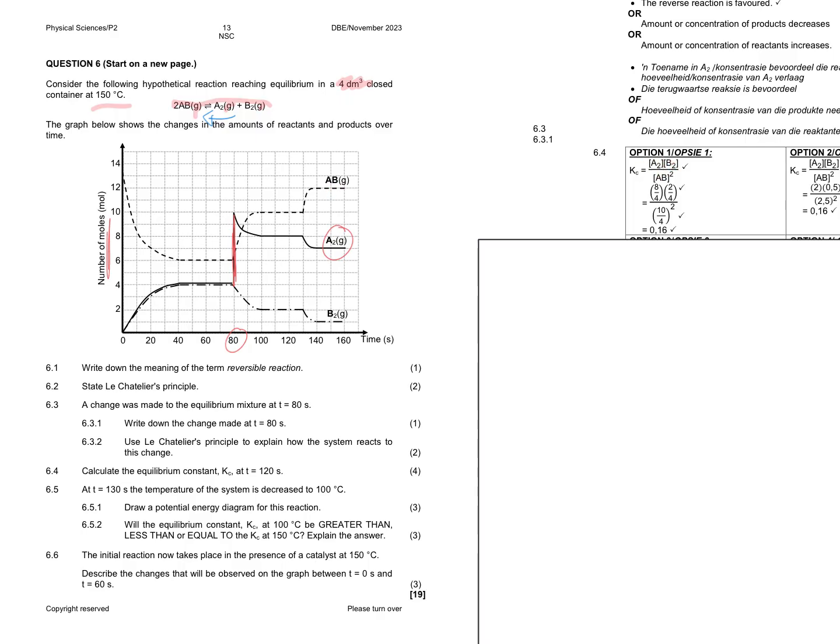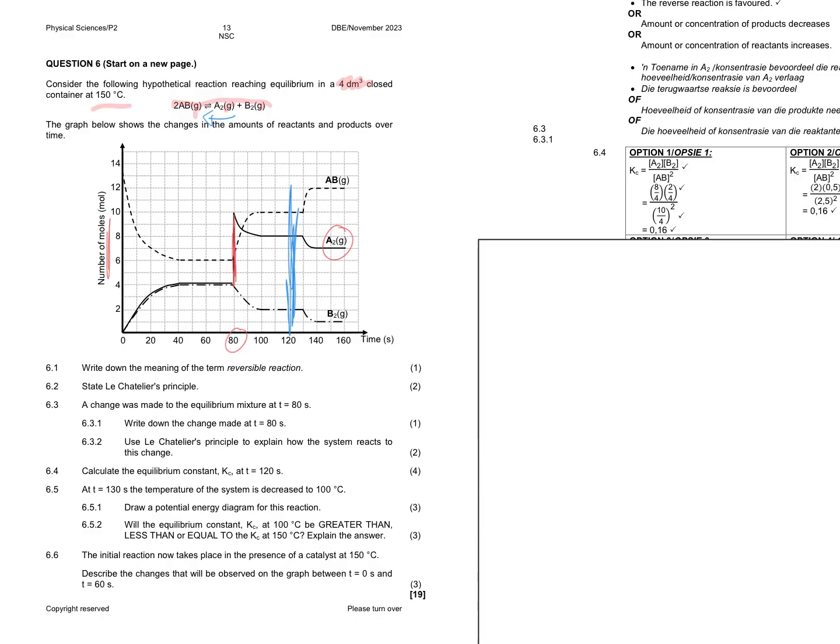This number here for AB, it's 12, and the concentration, it will be, when are we supposed to do it? At 120. Oh, I'm so sorry. We're doing it at 120, so we're doing it here. So the amount of AB at 120 seconds is 10. We're dividing it by 4 because that's the volume. So it's 10 over 4 squared at the bottom.